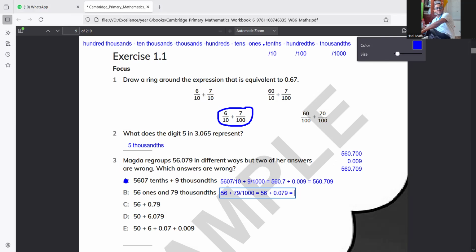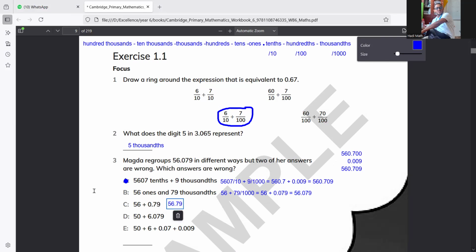Then you need to add the two numbers together. It's going to give you 56.079. And this, 56.079, is the correct answer. Number C, also you add the two numbers. It is 56 plus 0.79. It's going to give you 56.79.